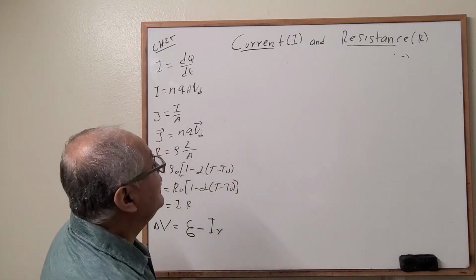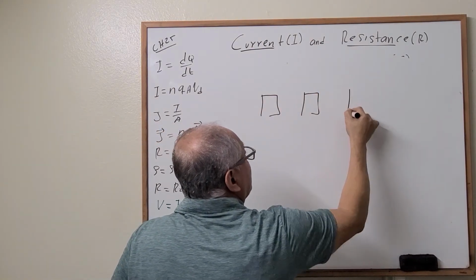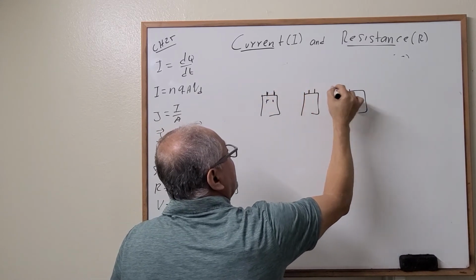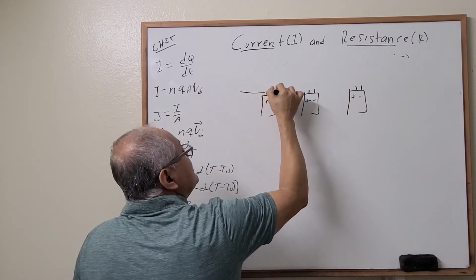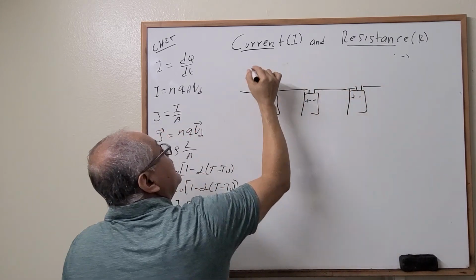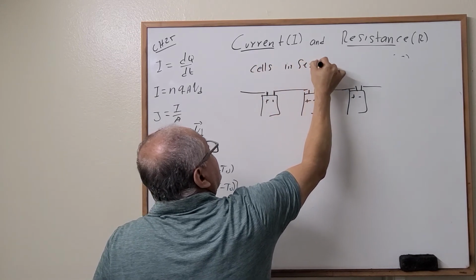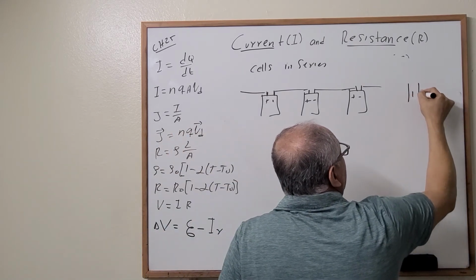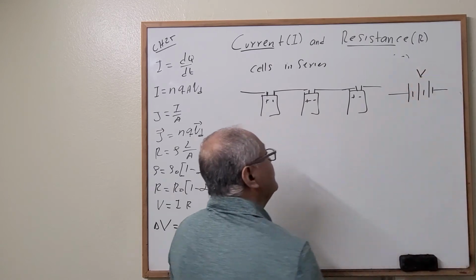Imagine that we have a set of three batteries, each with a positive and a negative terminal. Now let's connect them in this way. These are cells in series. The notation is interpreted like this.